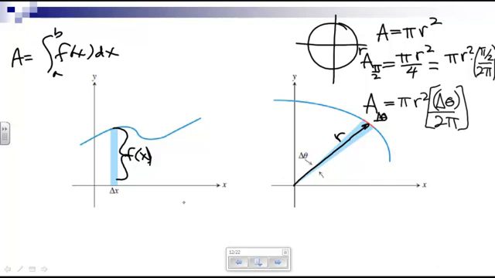Let's clean it up. Take the red marker: I've got a pi here and a pi there. Get rid of them. And what I'm left with is 1/2 r squared delta theta.